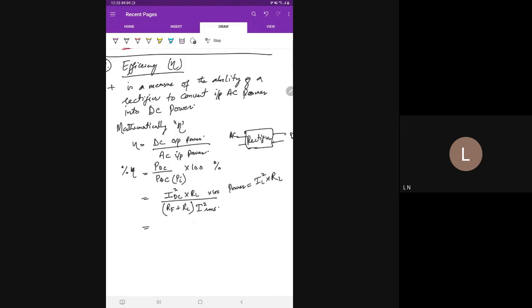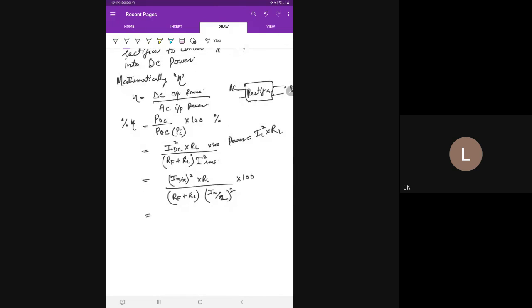And IDC, we know it is equal to Im by pi whole square into RL divided by Rf plus RL. And what is IRMS equal to? IRMS is equal to Im by 2 whole square, into 100.